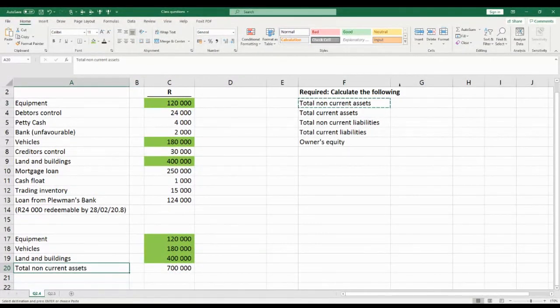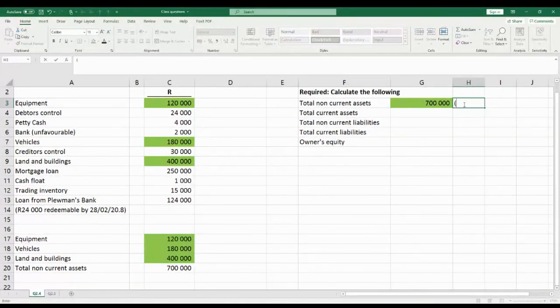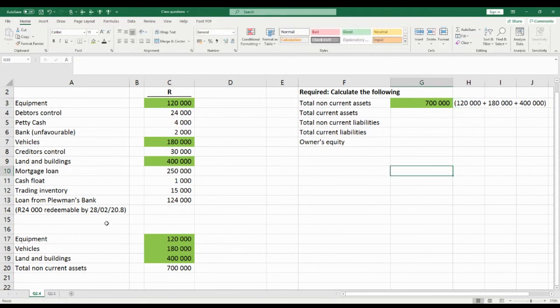Alternatively, you can show it as 120,000 plus 180,000 plus 400,000. So you can either do it in brackets, or you can do it as I've done here at the bottom, where you show the different account names.